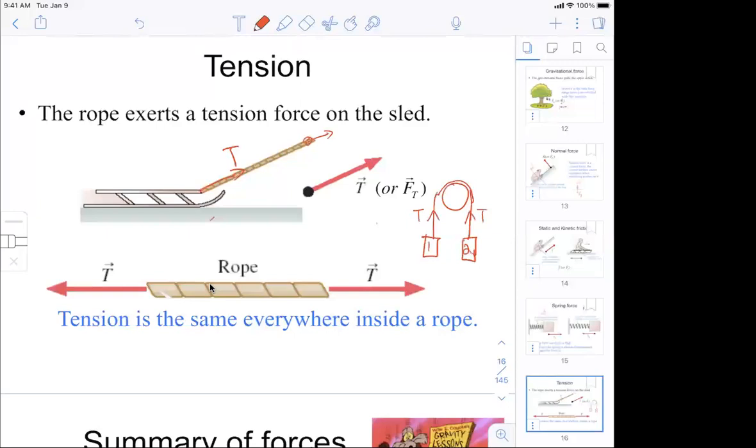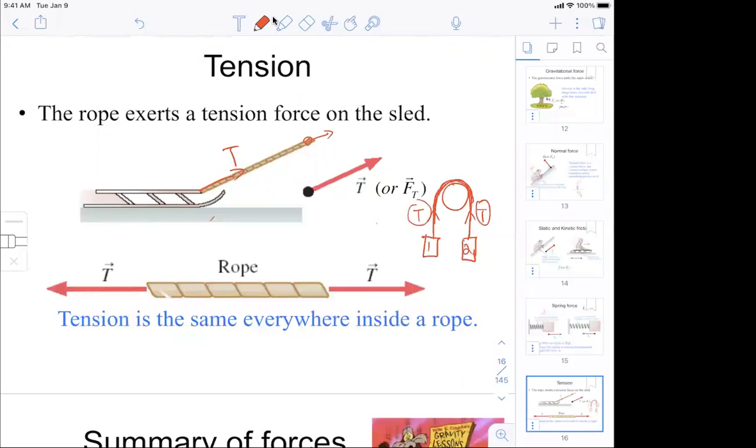Because this is the same rope, everywhere along the rope you have the same tension. So this tension and this tension are the same thing. You don't have to label it tension 1 or tension 2 because they are the same rope. This is only true when you're dealing with what we call an ideal rope.